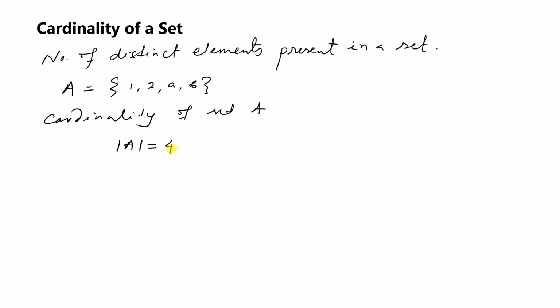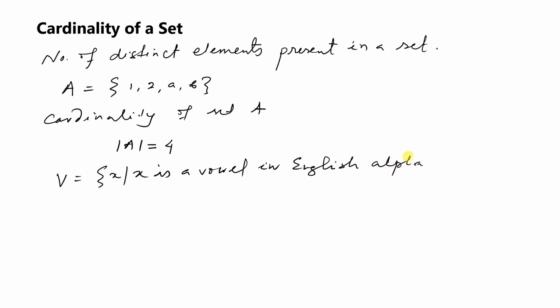It is 4. Similarly, if I say V is equal to the set of all x such that x is a vowel in the English alphabet, what is the cardinality of V? The cardinality of V is equal to 5.